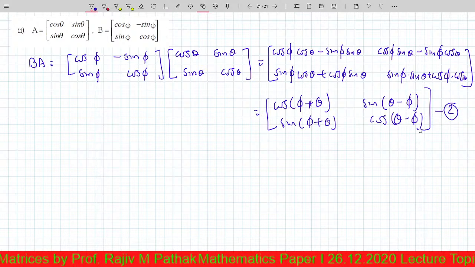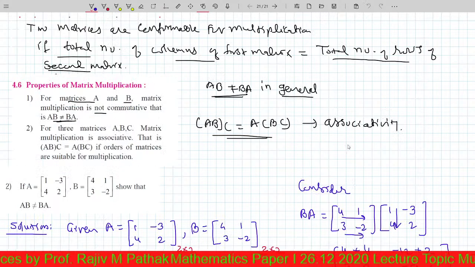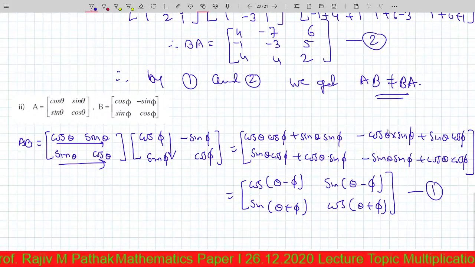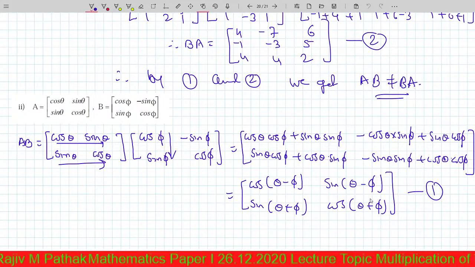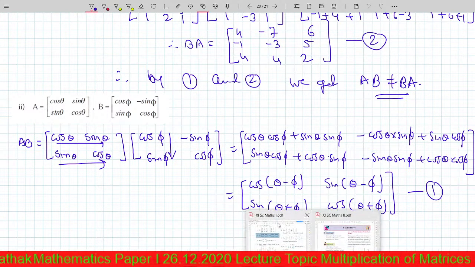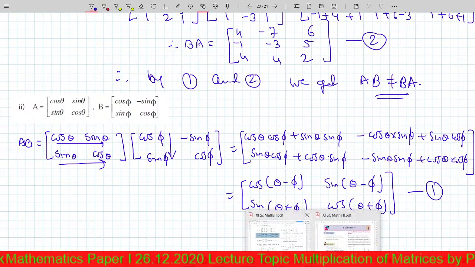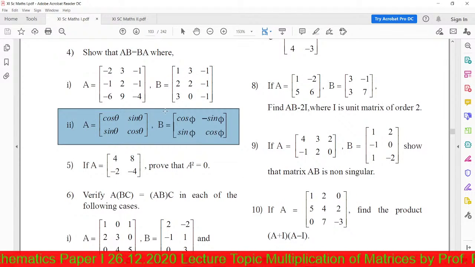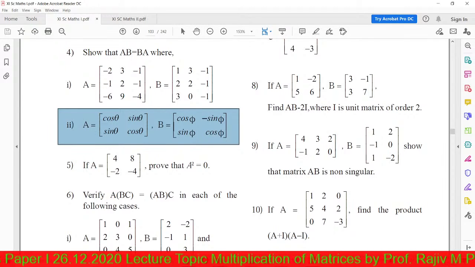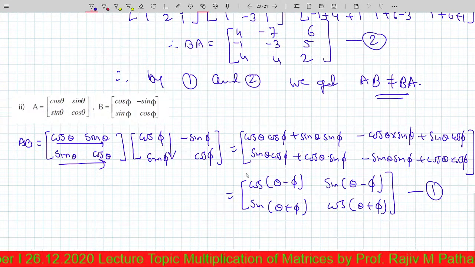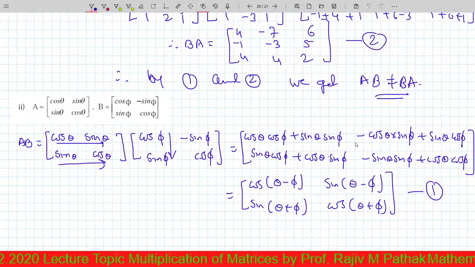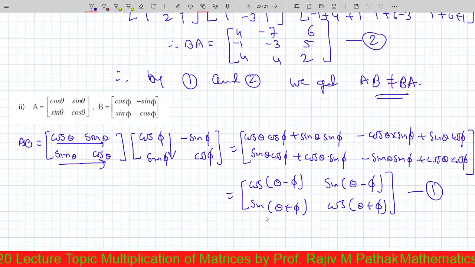This is equation number 2. So compare it with equation number 1. What is the question? AB is equal to BA. So AB is equal to BA, we are not getting it here.